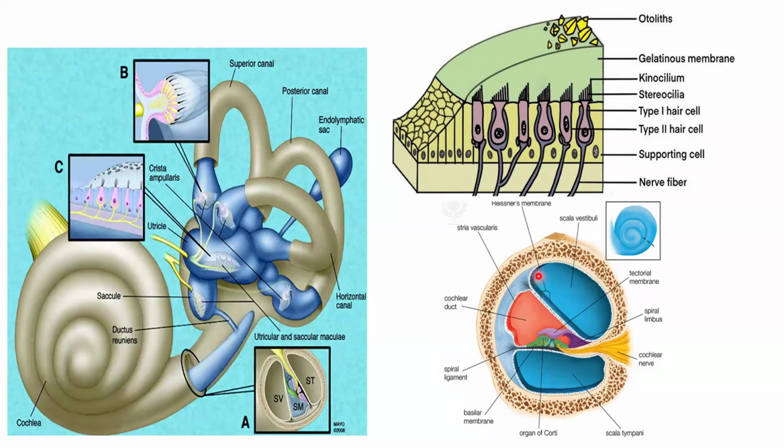Reissner's membrane separates the scala vestibuli and the cochlear duct. And then this scala tympani is separated from the cochlear duct by this basilar membrane. But you see an important structure here, which is now the spiral organ of Corti. And this spiral organ of Corti will contain the various cell types, and then it will also contain the cochlear nerve, which supplies it there, as we'll see in a few minutes.